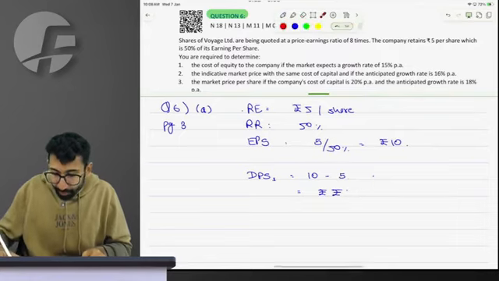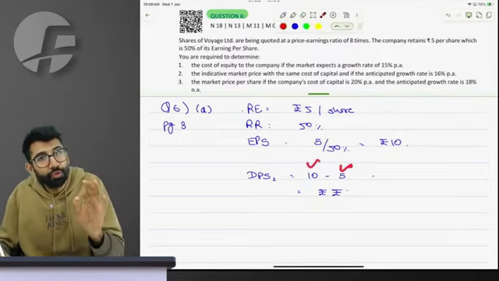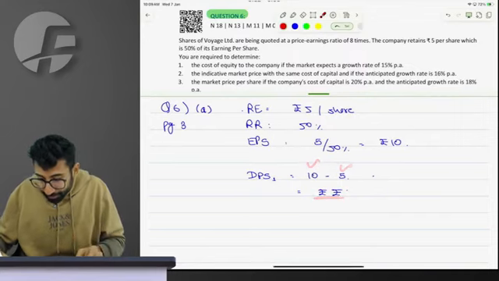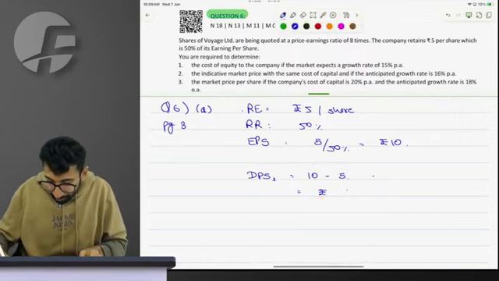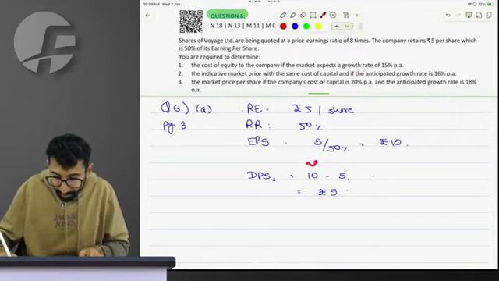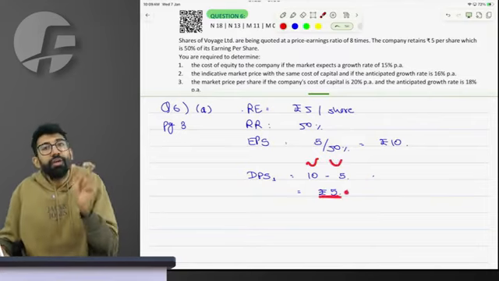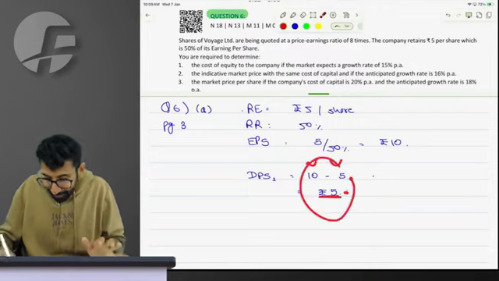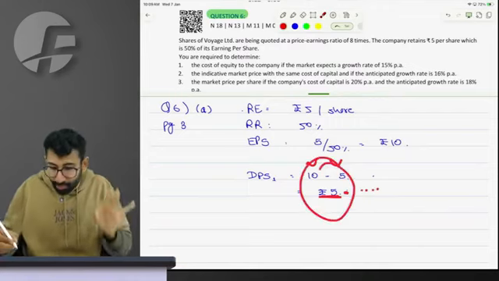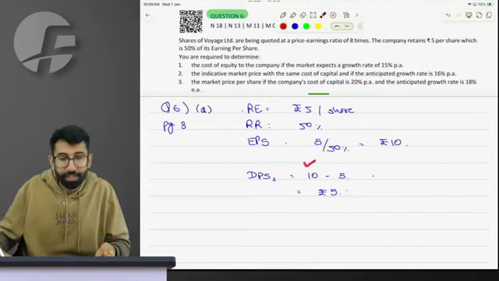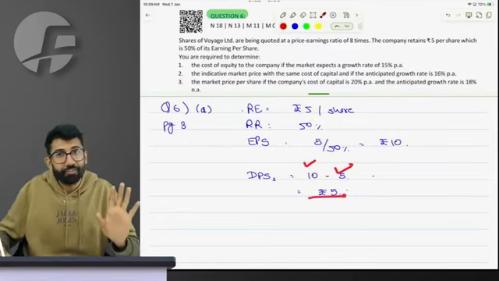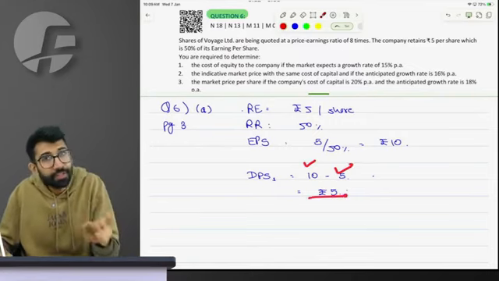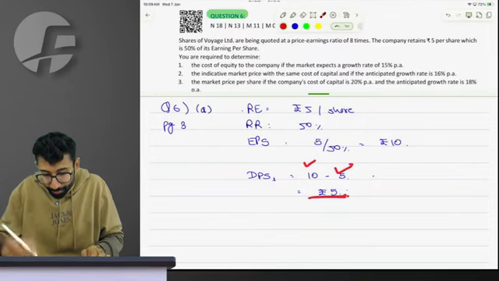For example, 10 minus 5, it's okay if you do not write the rupee, but when you write the final answer, that is when you have to put a currency or a unit to it. It's not needed to write rupee 10 minus rupee 5 is equal to rupee 5. You can simply write 10 minus 5 is equal to rupee 5 as your DPS.